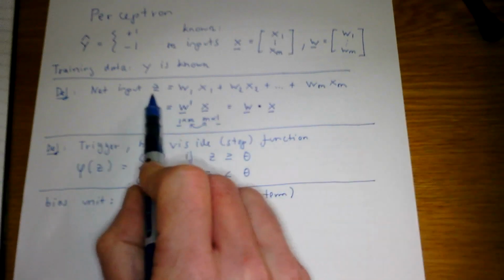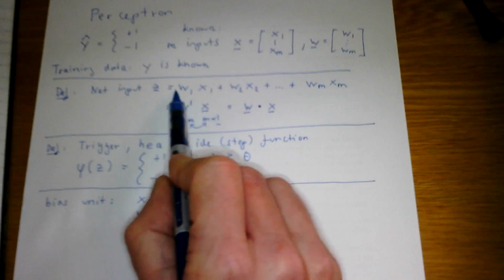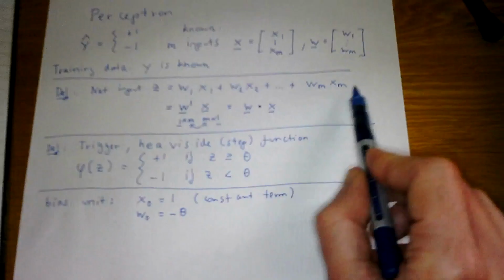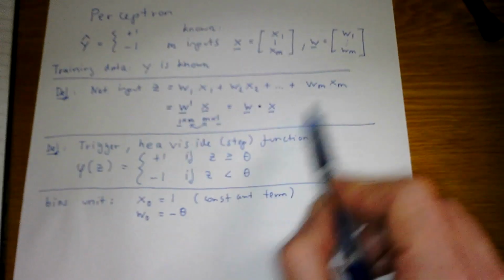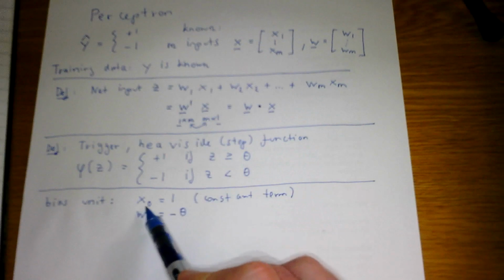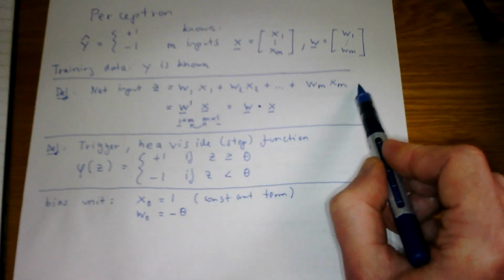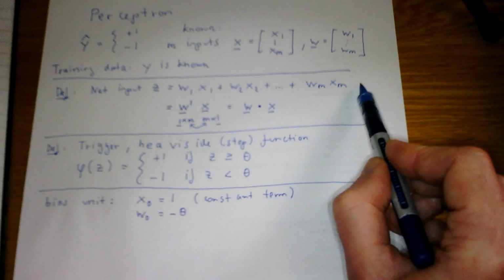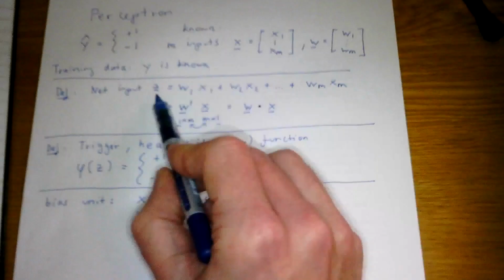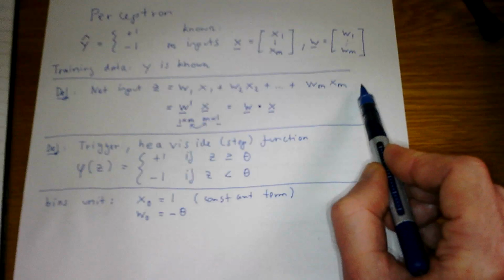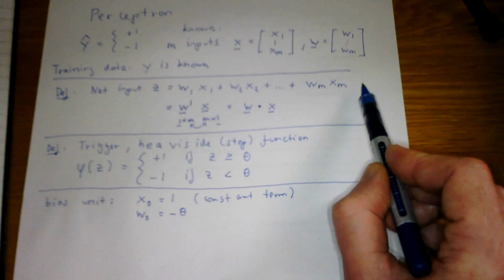So if you go back to this equation here, if you add on the right hand side the minus theta times the x0, you would add it here, then it neutralizes the threshold z has to climb, and the threshold actually then becomes equal to 0.